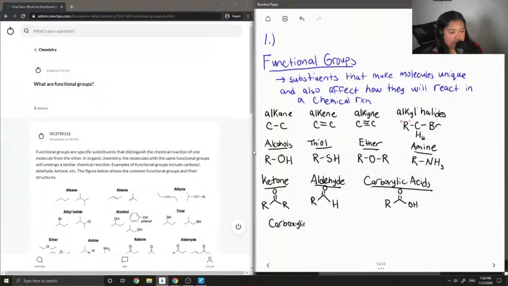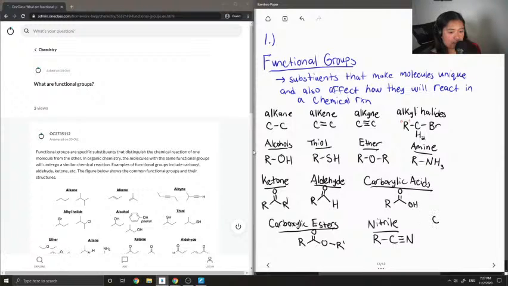And then what's similar to carboxylic acids are carboxylic esters. So as you can guess, this is similar to carboxylic acid, except instead of it being at the end, it's in the middle of two carbon groups. And you can have a nitrile. So this is when we have like a carbon that's triple bonded to a nitrogen.